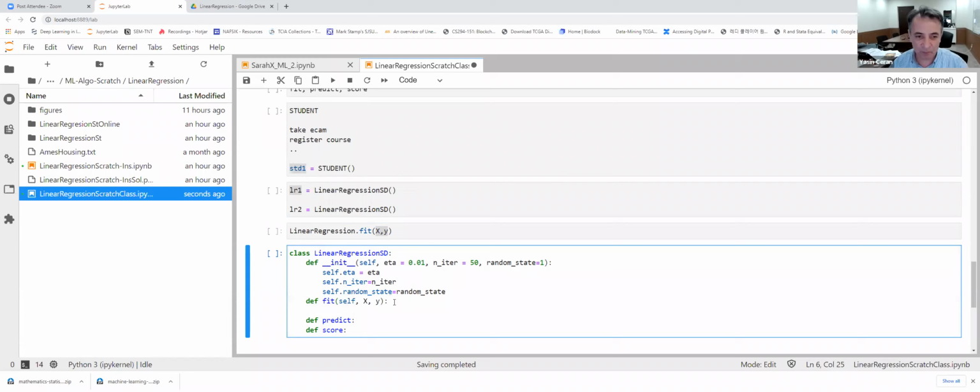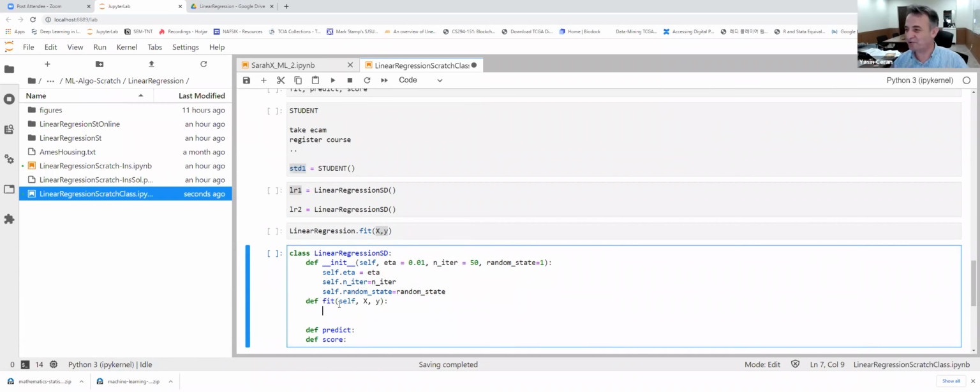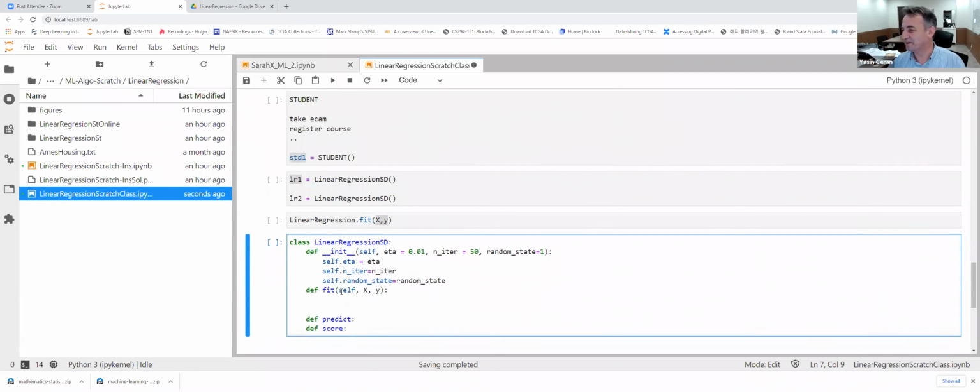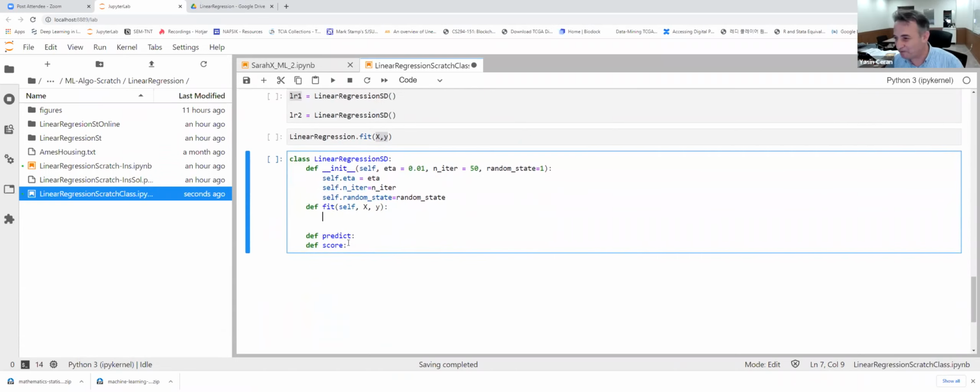All right. Now, the bulk of the code will be here. So please bear with me. This part is going to be the core part of the coding. Once we are done with fit, everything will be very simple. So what are we doing with fitting? First of all, let me tell you what we have to do.